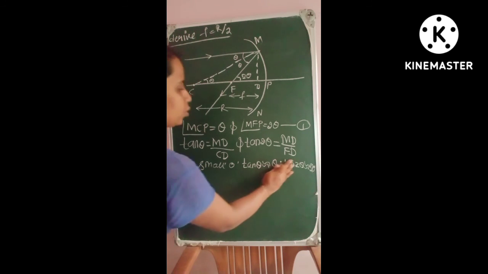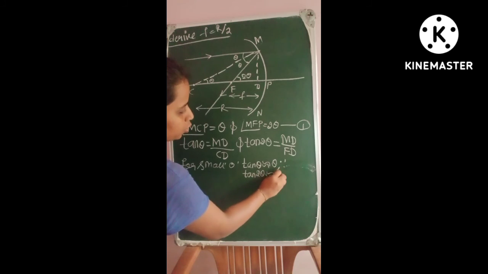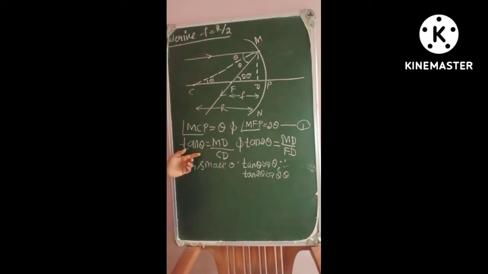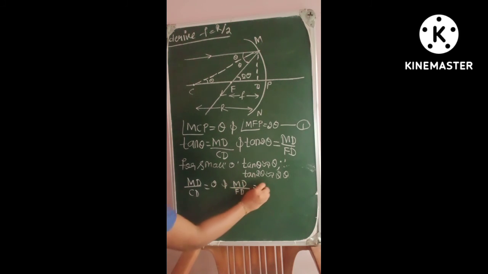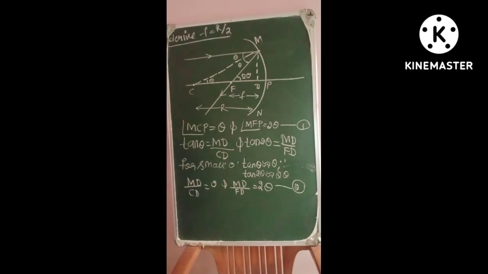Now if tan theta is approximately equal to theta and tan 2 theta is approximately equal to 2 theta, then these equations become MD divided by CD is equal to theta and MD divided by FD is equal to 2 theta. Take these two combined as equation number 2.